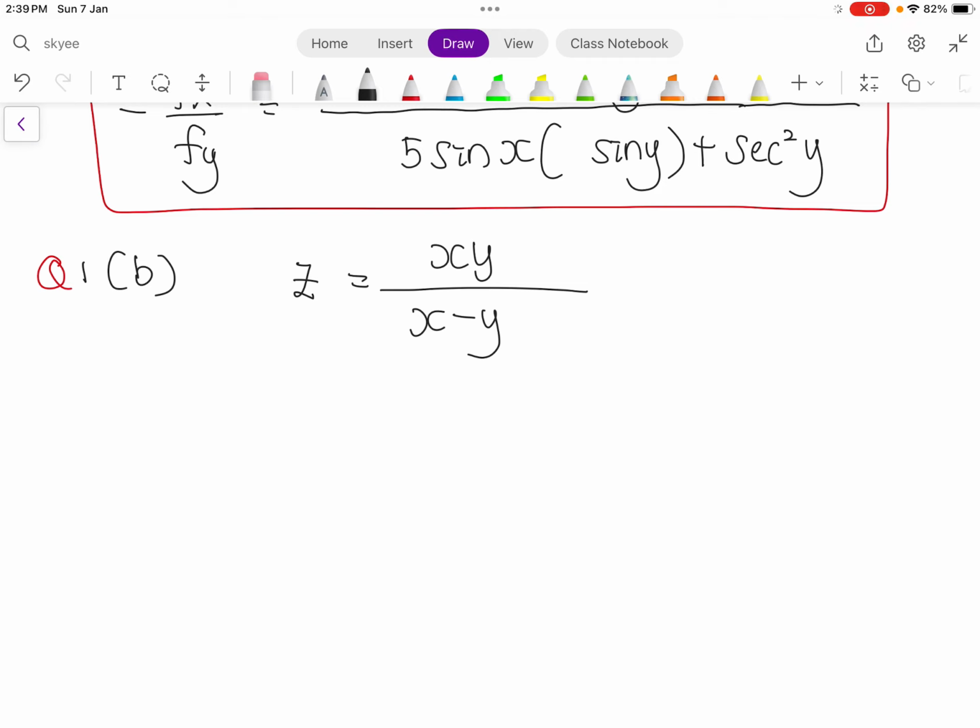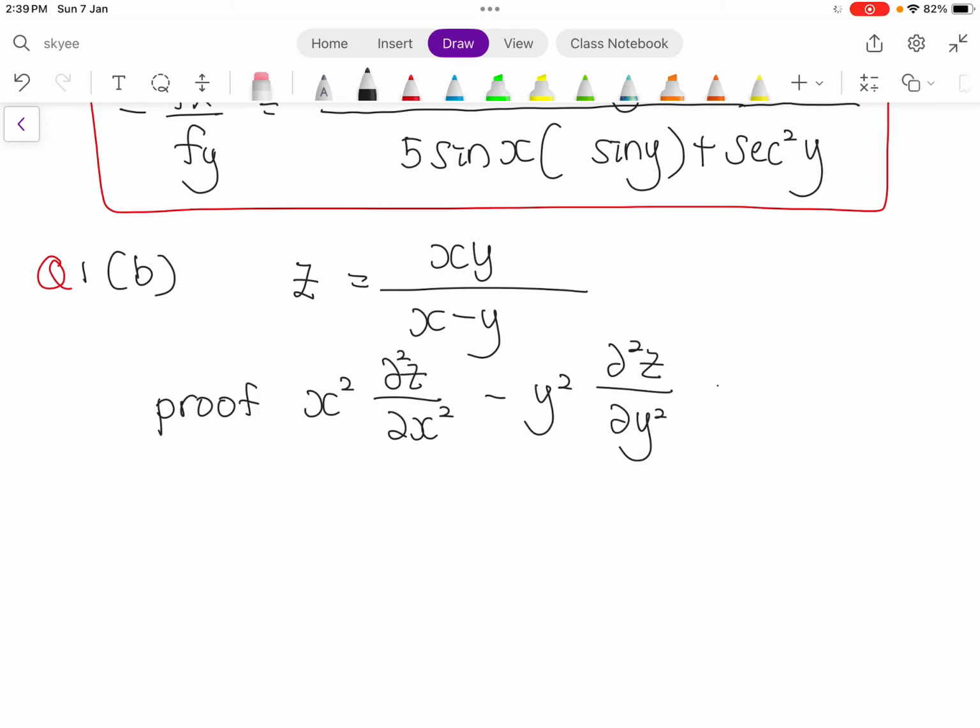So we have to prove x squared del squared z over del x squared minus y squared del squared z over del y squared equals 0. So this also means that we need to find out these two terms.